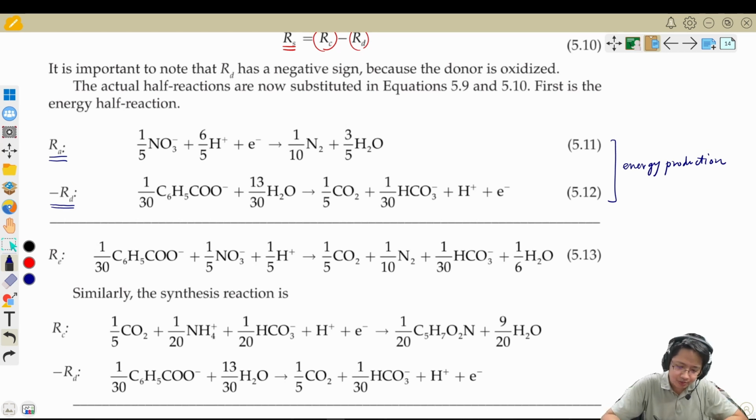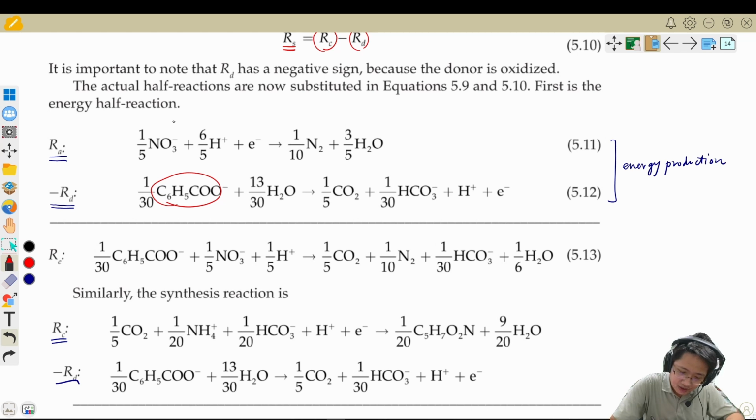Okay. So similarly, you will have to combine the Rc that's for cell synthesis, and also minus the Rd that is used for coming from the electron donor. So if you select acetate as your substrate, first you will need to choose the right electron acceptor.